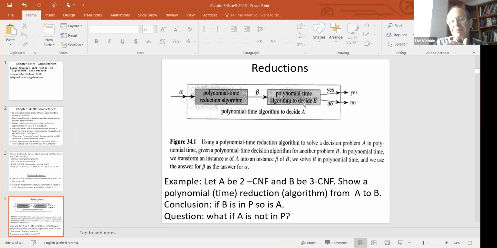I just think that this is better for your understanding, because instead of not understanding anything up to the end of class and then suddenly putting things in perspective, I'm trying to build it with you as we go. So your understanding at this point is limited, but it is, I believe, bigger than had I just skipped on it, defined the notion of reduction and ran forward. Okay, so that's what I'm trying to achieve. If I achieve it or not, you should know, but I'm just trying to explain my rationale behind this mode of presentation.